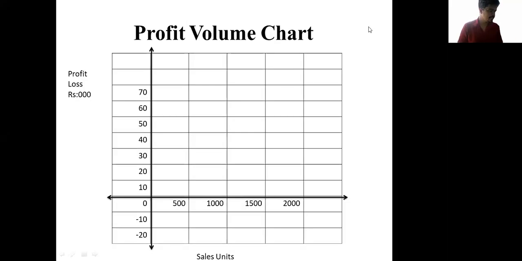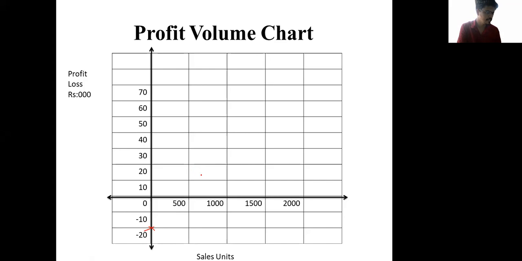In the table, we have calculated the profits according to the identified number of activity levels or number of units which they are going to produce. It's simple. If they are not producing anything, it may be like a minus 20,000 loss.